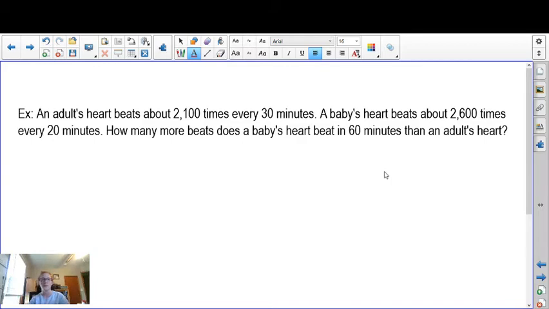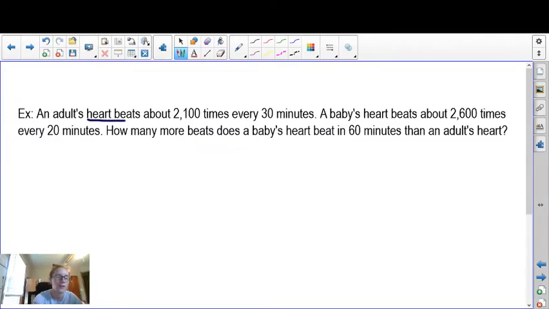Okay, so first things first. We have 2 different things going on. We have a baby's heartbeat and we have the adult's heartbeat. Next, I'm going to get my blue underlining color. We have adult heart in 30 minutes and baby's heart in 20 minutes.